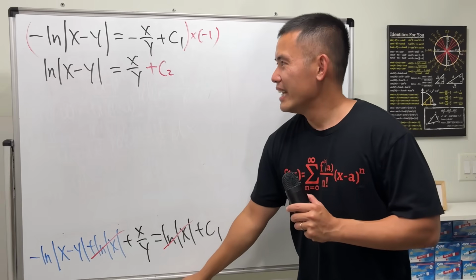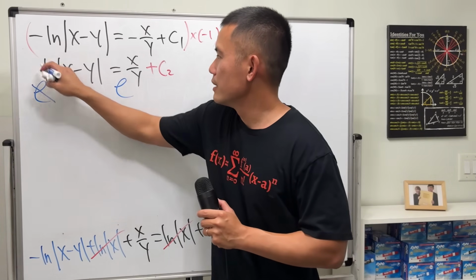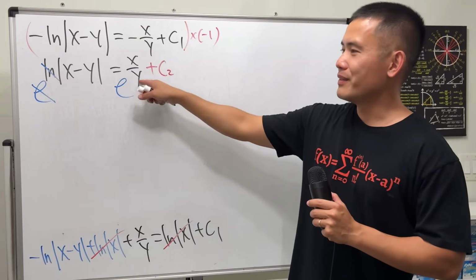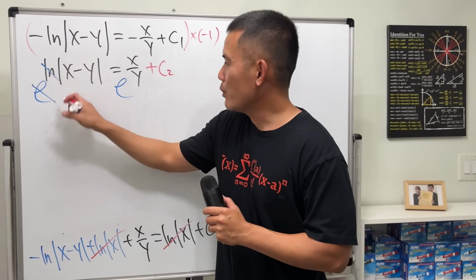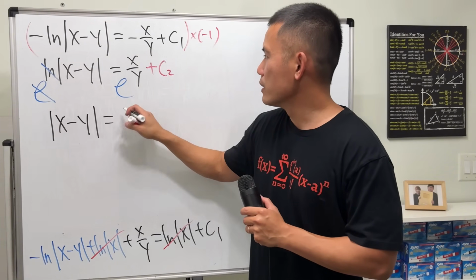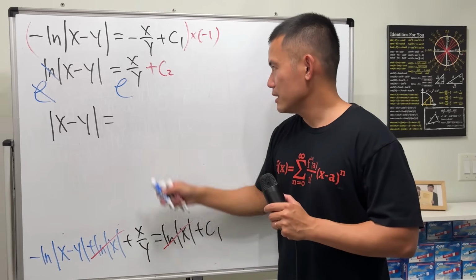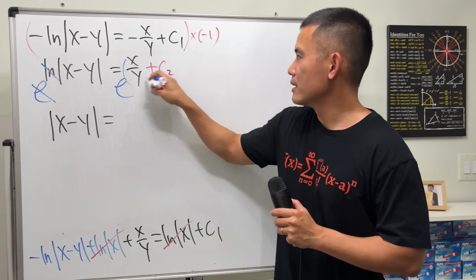And then let's get rid of the natural log. We exponentiate both sides like so. So that will give us absolute value of x minus y equals, okay, we have a sum in the exponent because we do e to this power.